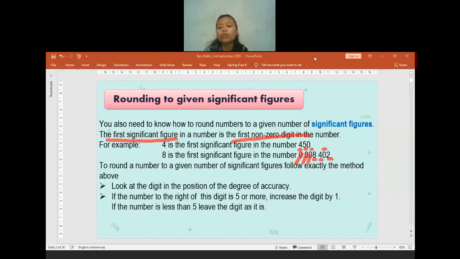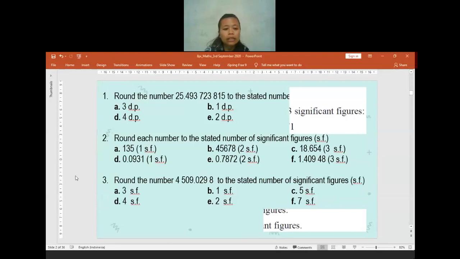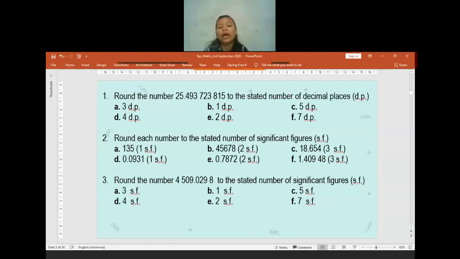After you know which digit is significant, later you can round off the number to the given significant figures. So in question 2, we have 135. It says we have to round off the number correct to one significant figure. The first step is finding the first significant digit, which is the first non-zero digit.